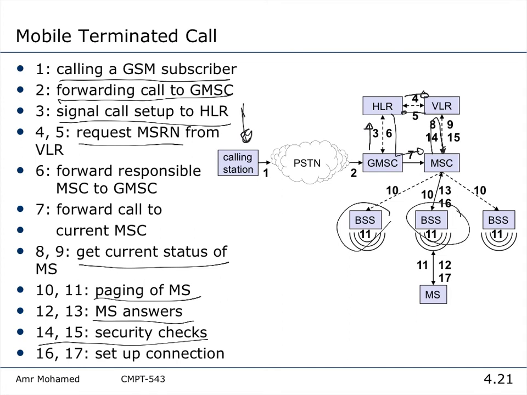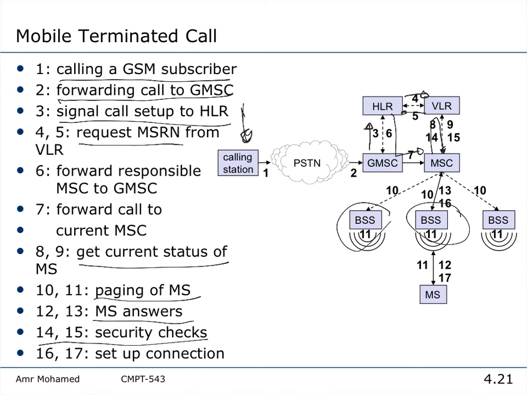So we can subdivide it into 3 different stages. The first, I try to find a mobile station in a specific location area, which is through the HLR, right? And then the second stage is to check the status of this mobile station through the MSC.